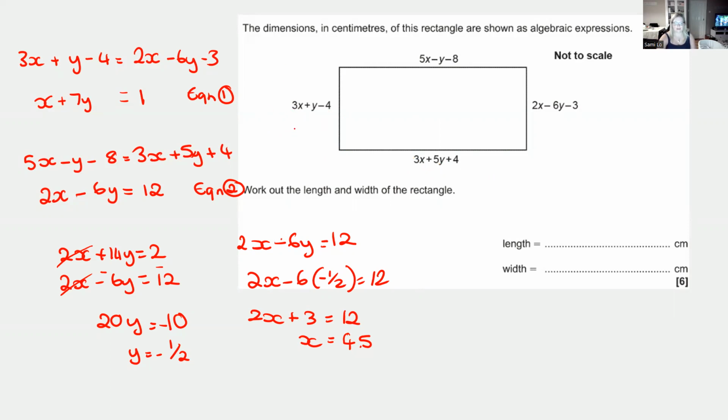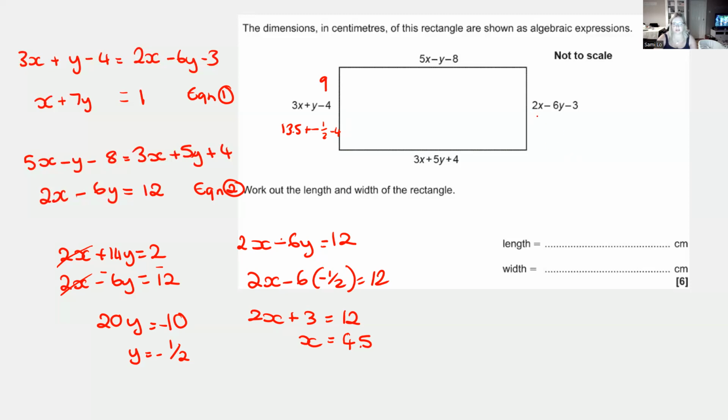So we've got 3x, so 3 times 4.5, and I'm just going to do this in my calculator to make sure I don't make any errors, mainly because it's quite late now. And I've still got baby brain. Minus a half, minus 4. So if I minus half, it gives me 13, and if I minus 4, it gives me 9.